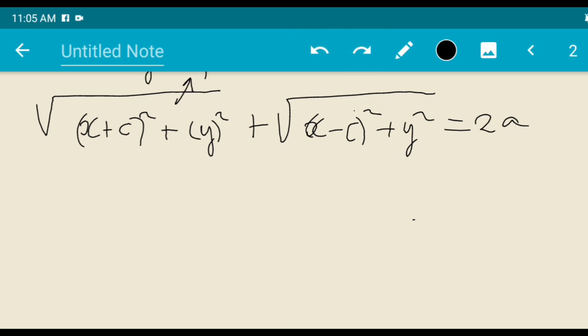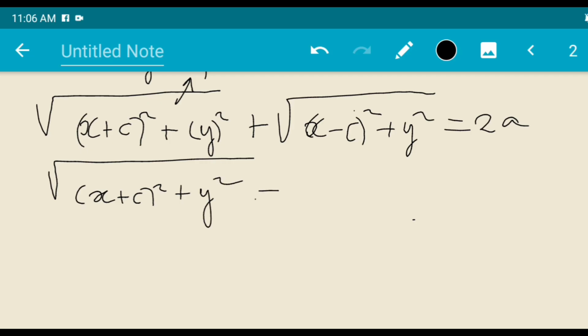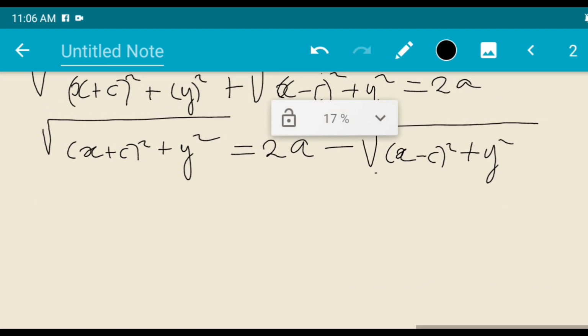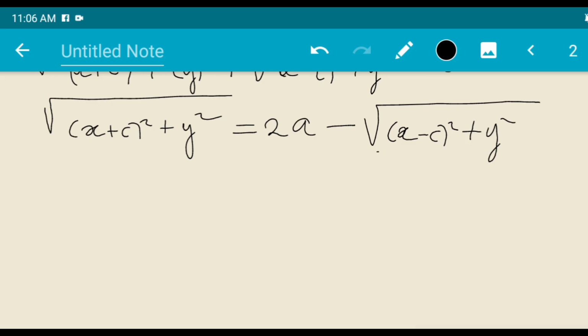So this would be the square root of x plus c squared plus y squared should be equal to 2a minus the square root of x minus c squared plus y squared. Okay, now let us take the square of both sides, because I want to get rid of these square roots.